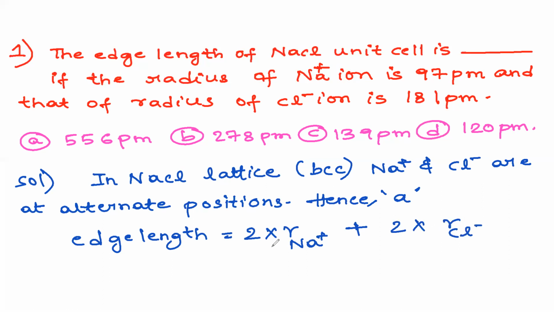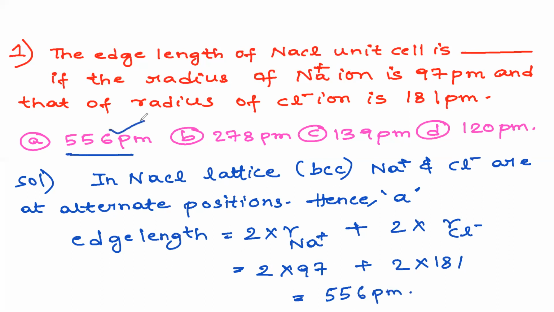If I apply this formula, straight away you'll get the answer. 2 into 97 plus 2 into 181, which comes around 556 picometers. That is the first option.